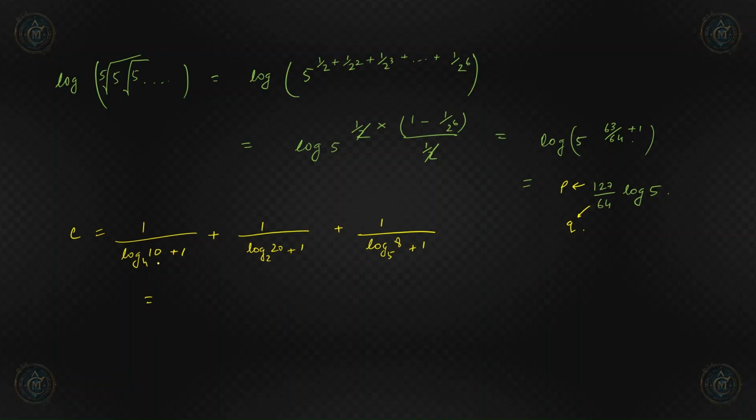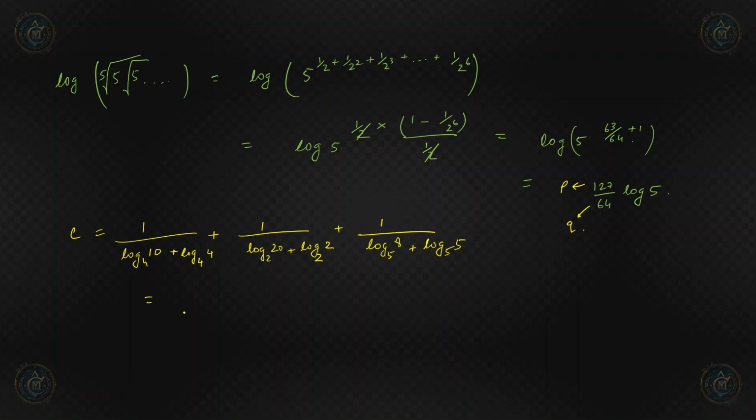So what will this be? If we directly add this, this 1 we can write in each of these expressions as some logarithm with the same base. Okay, so in this case we have base equal to 4, so we write this as log 4 base 4, and for this case we write this as log 2 base 2. Okay, and for this case we write this as log 5 base 5, so that we can add them easily.